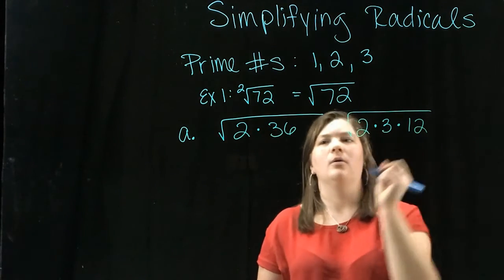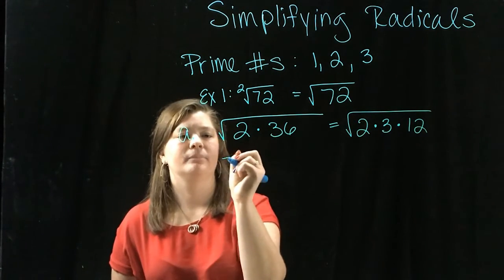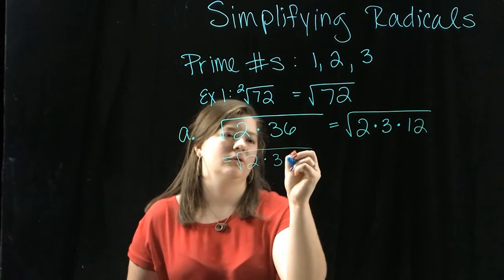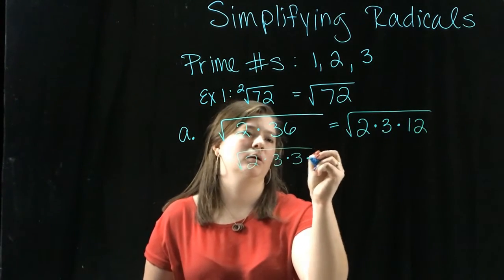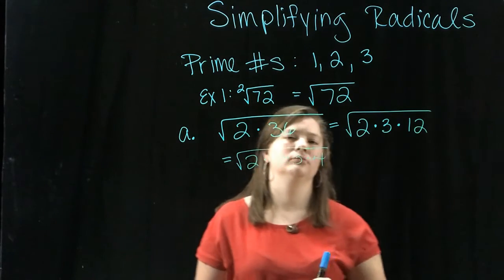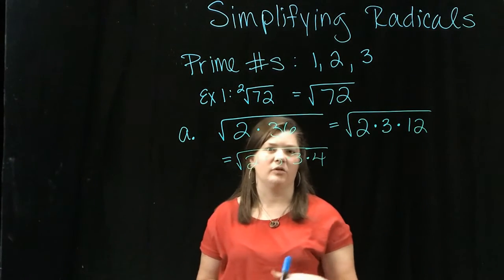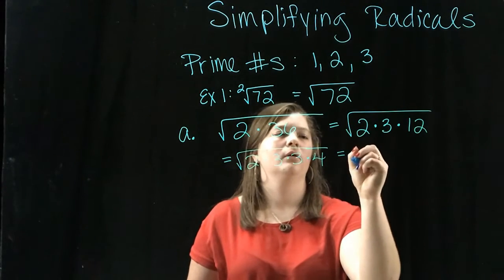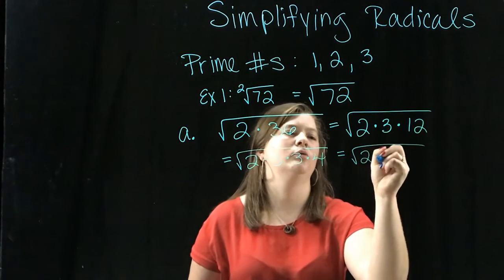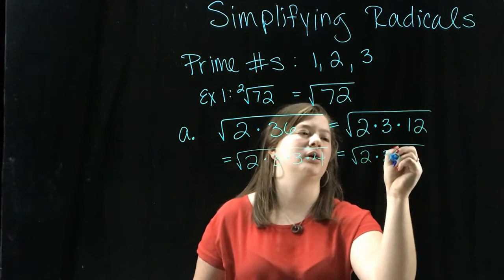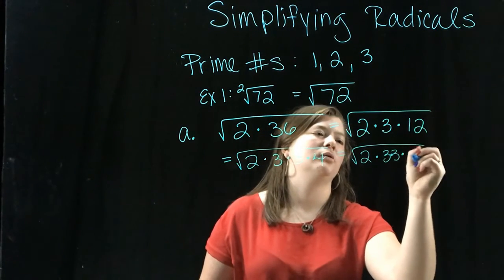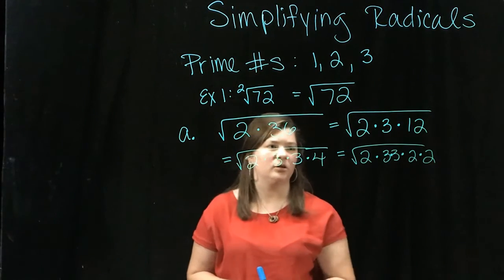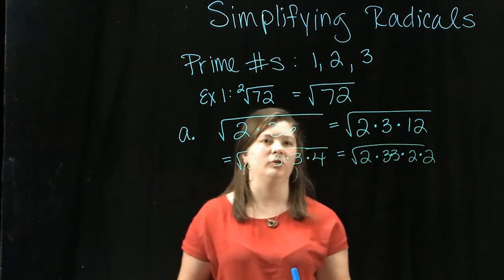So we need to break it down a couple more times to where we have radical 2 times 3 times 3 times 4. Now we have 3 prime numbers and we just need to break down this 4 one last time to where we have radical 2 times 3 times 3 times 2 times 2.